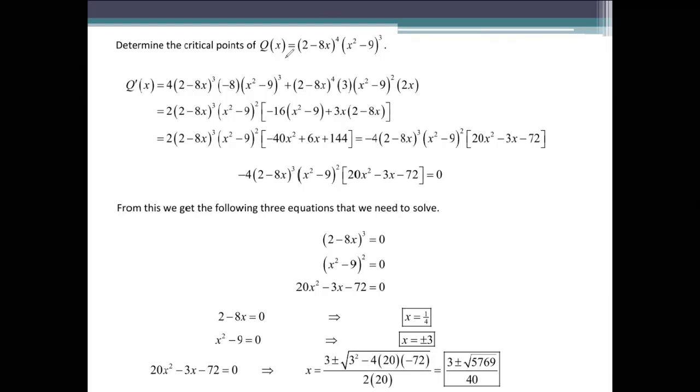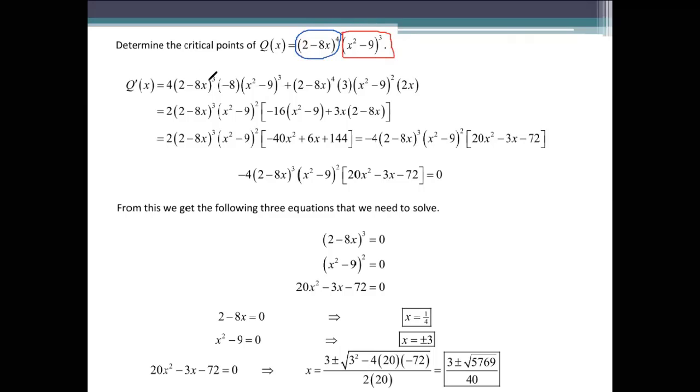So how to find the derivative of this function? Just firstly find the derivative of the first one using the property of the product of two functions. Firstly this one is the first function, and this one is the second function.